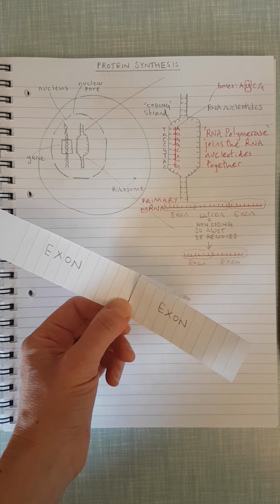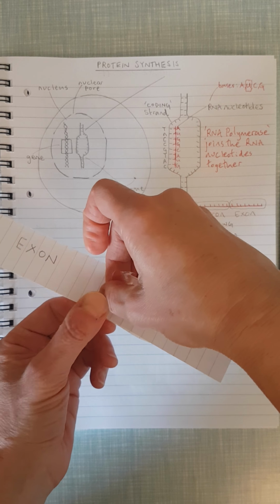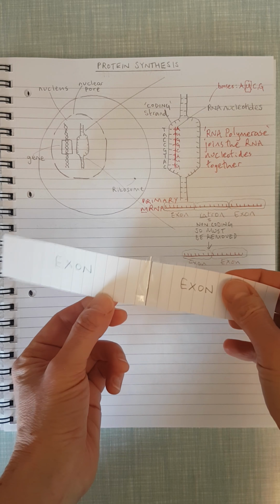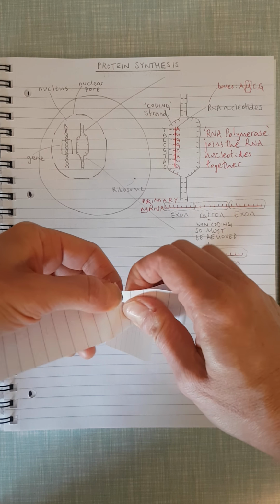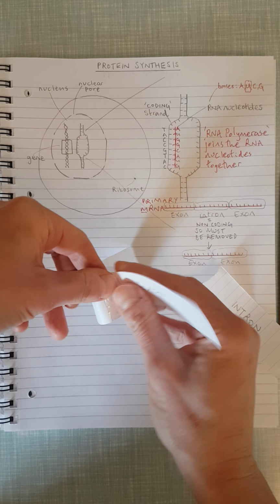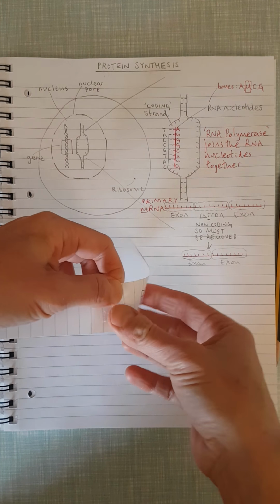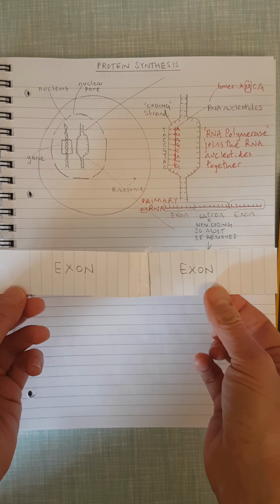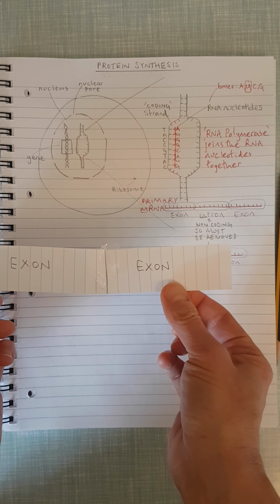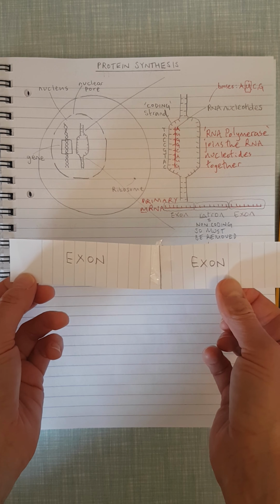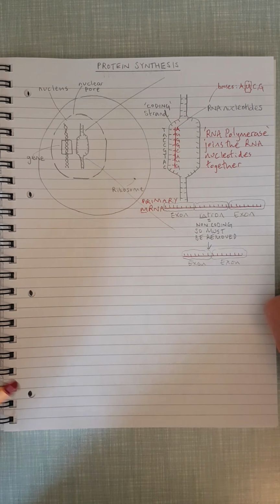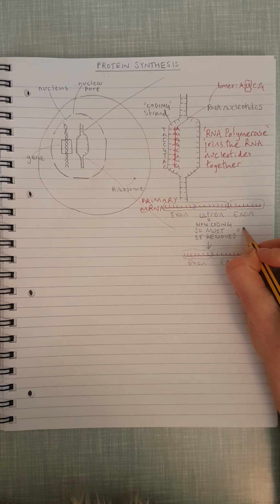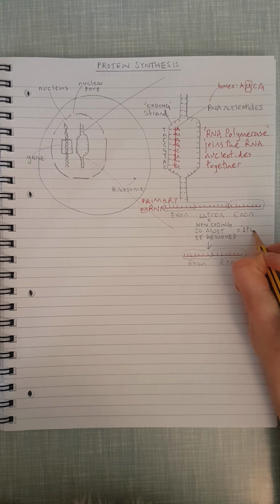I've got a bit of sellotape here, so we're going to stick those together like that, and then that bit, that's the splicing bit. Just going to get rid of that. That's discarded and broken down, and we're left with our two exons joined together. Of course there's enzymes that are involved in doing that. Let's just write that down. That's called splicing.